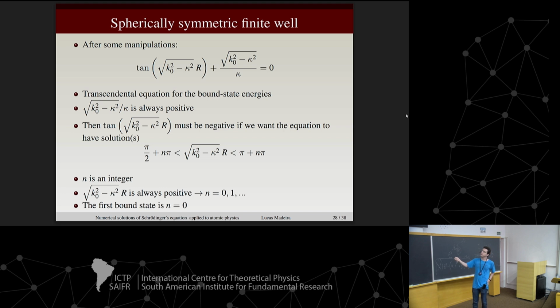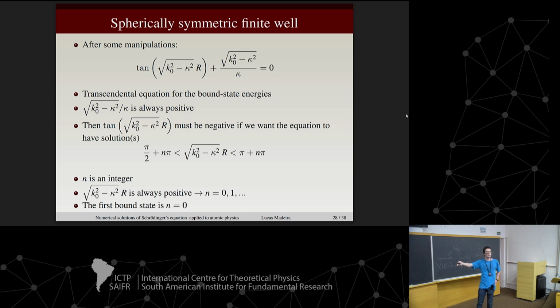If I remove something that's positive from this, it's fine, because the K0, as I defined it, depends on the parameters of the potential. The kappa here divided is positive, so this thing here is always positive. If I want this equation to hold, I need this thing to be negative. Otherwise, I couldn't get a 0 here, right? So we require that this thing is negative if we want to have one solution or solutions, plural.